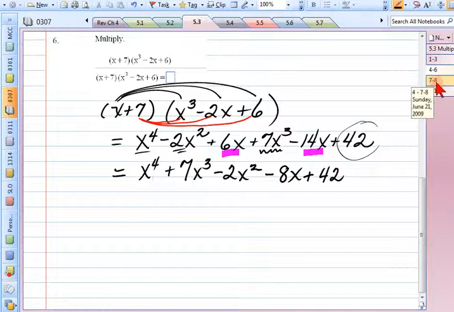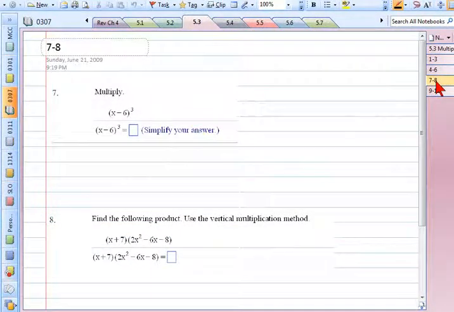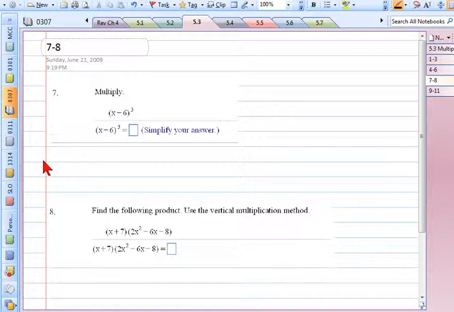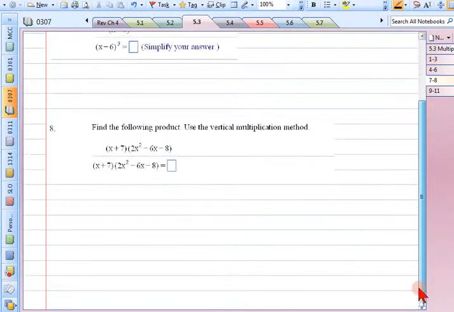All right, let's look at 7 and 8. All right, number 7, let's see if I can. Okay, I can't really do that. I was trying to get some extra lines, but I just got fewer lines. All right. I'm going to go down to the bottom and do number 7 because I might need a lot of room.